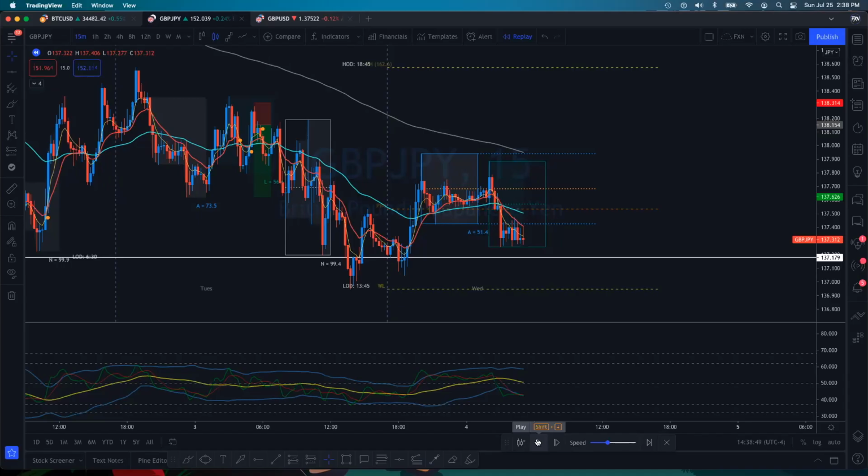Or really, what's the behavior that market makers are doing? It's basically creating a little block, right? It's just moving sideways, back and forth, back and forth.